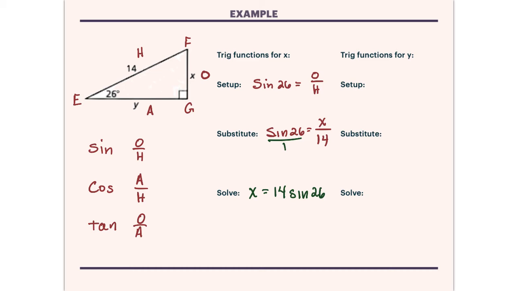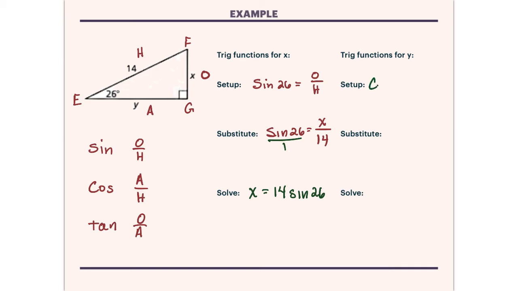Before we do that, though, because I like to group these things, let's go ahead and do the y value here. So as we look to try and solve for y, it is the adjacent side here. And we know the hypotenuse for certain is 14, so we're looking for adjacent, but we know hypotenuse, that's the cosine function.